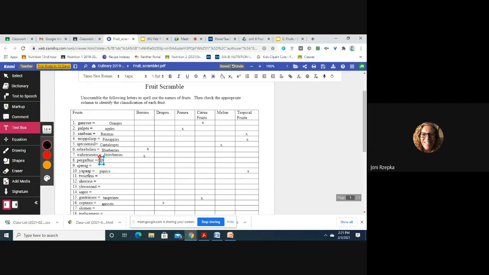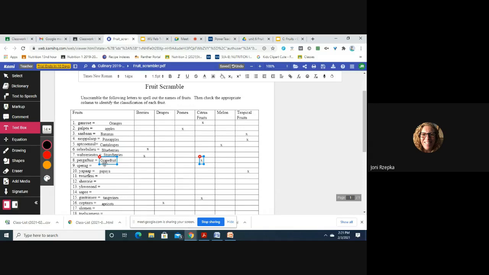Any thoughts? Grapefruit. And what would the category be for grapefruit? Citrus. That is correct.